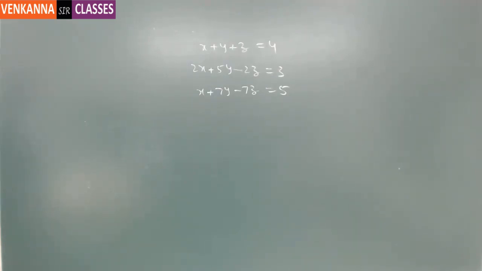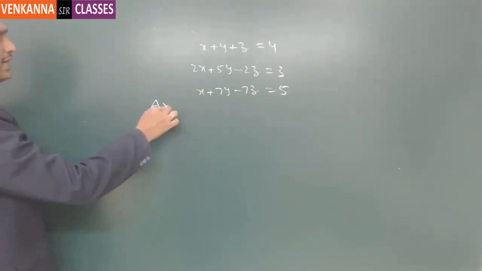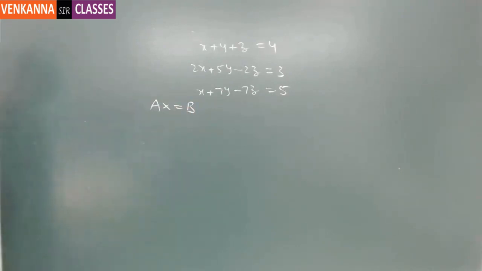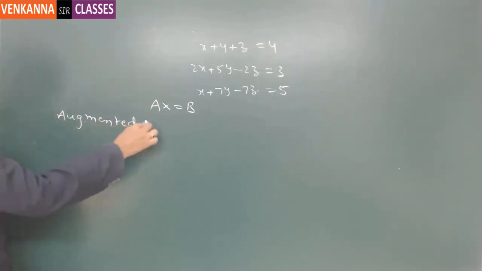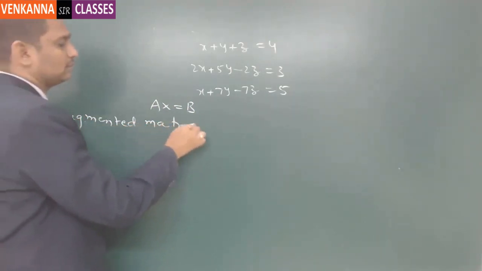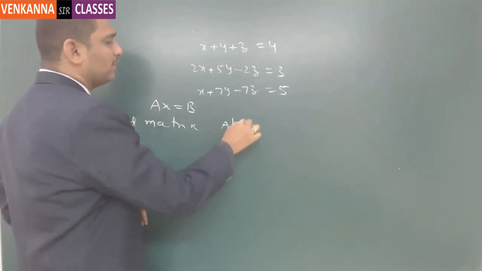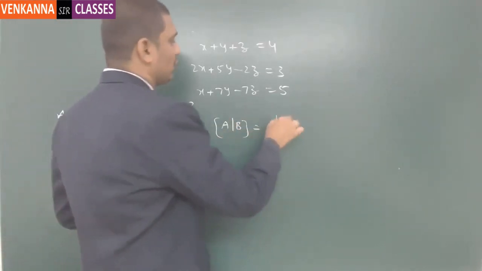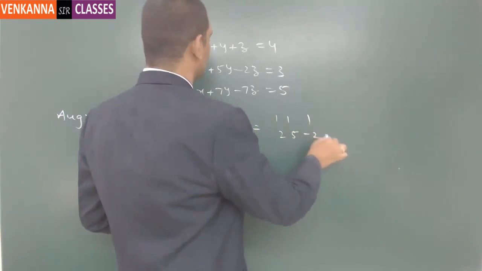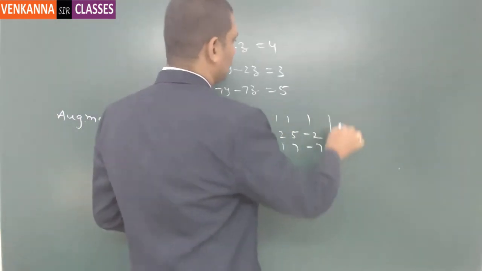Since it is a non-homogeneous system, let us write the corresponding augmented matrix straight away. So first you write the equivalent matrix form Ax equal to B, and you consider the augmented matrix or improved matrix, we can call it A by B, equals 1, 1, 1, 2, 5, minus 2, 1, 7, minus 7, 4, 3, 5.